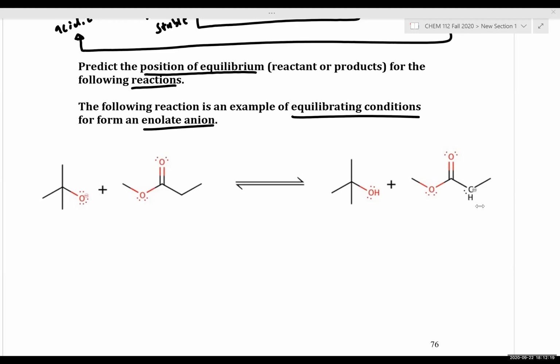We have our first impression, but let's try to verify our first impression by actually checking the pKa values. Just as a hint for everyone, this proton has a pKa of approximately 25. This proton has a pKa of approximately 18. With that information, how would we like to revise our predictions?